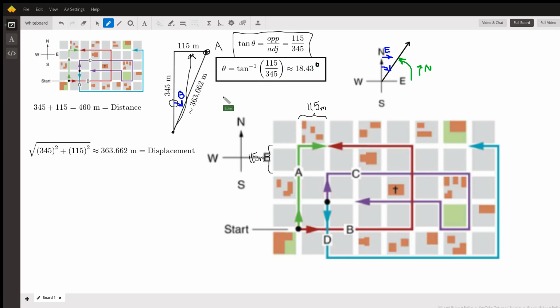If you needed to find the north of east angle, you would take 90 degrees minus that one, which would be approximately 71.57 degrees north of east. That would be the green representation.